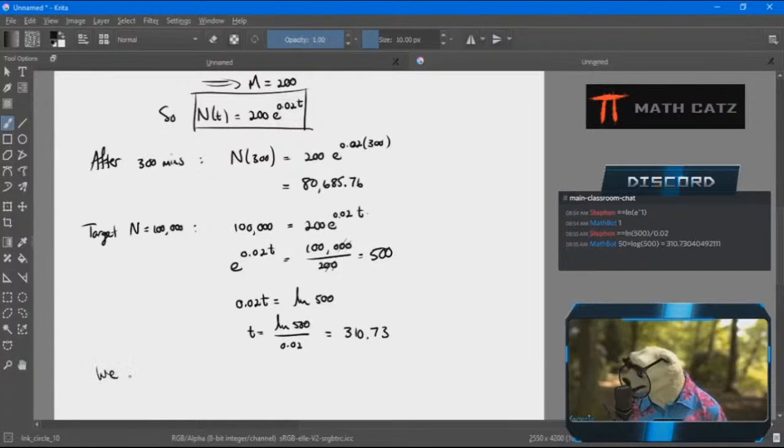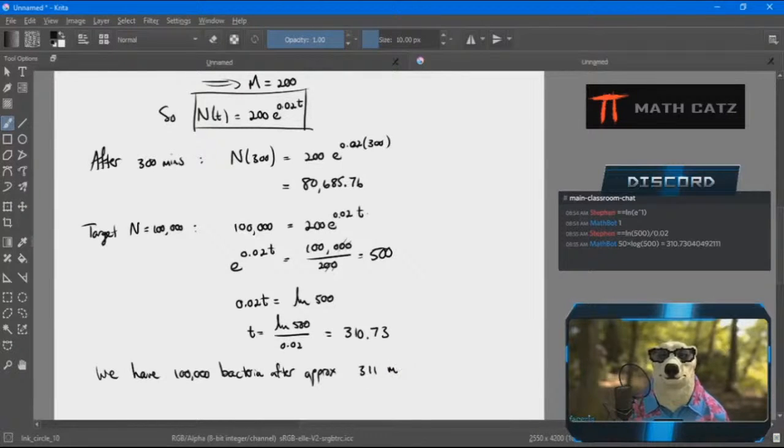So we have 100,000 bacteria after approximately 311 minutes, or we can keep it decimal, 310.73 minutes.